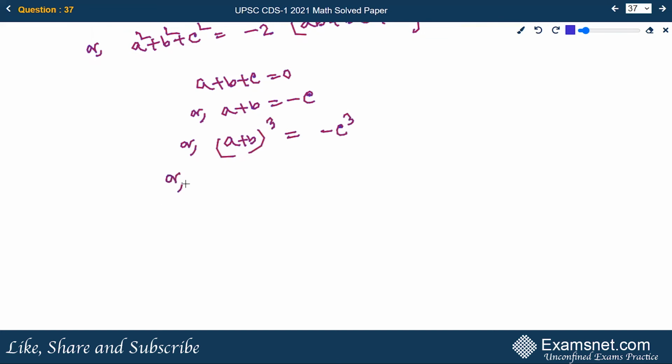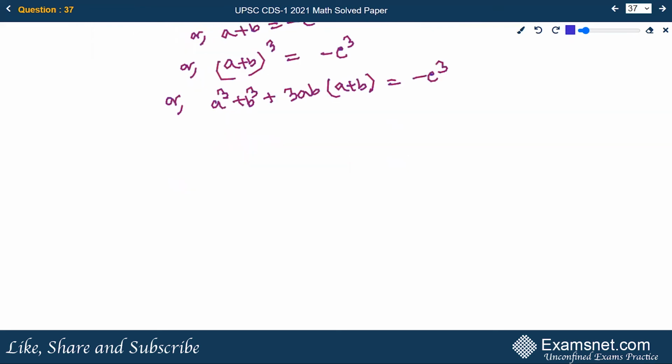So A plus B whole cube will result in A cube plus B cube plus 3AB into A plus B, also minus C cube. Now further I can write A cube plus B cube plus C cube. If I shift that 3AB on the other side, it will be minus 3AB of A plus B.